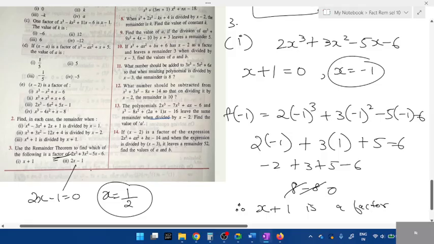If you get 0, it is a factor. If not, you should write it is not a factor. Is Angel online? Ruth, Angel, Cecilia, are you all solving? Fine.